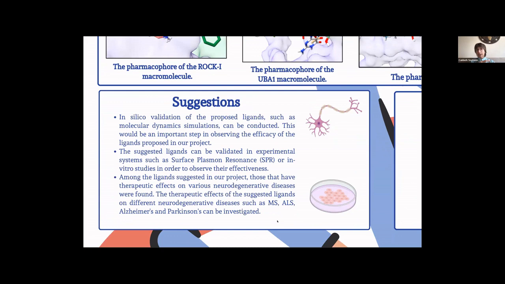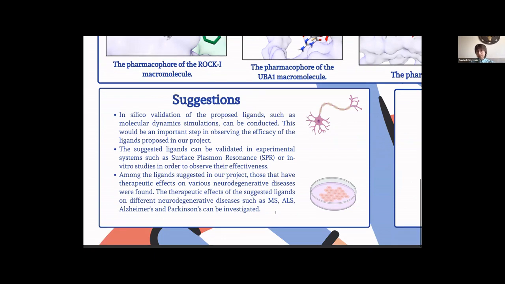After the final in silico confirmations of the proposed ligands' inhibitions, we are seeking to move on to real-life confirmations. And also, among the ligands suggested in our study, those that have therapeutic effects on various neurodegenerative diseases were found. The therapeutic effects of the suggested ligands on different neurodegenerative diseases such as MS, Alzheimer's, Parkinson's, or ALS can be also investigated.